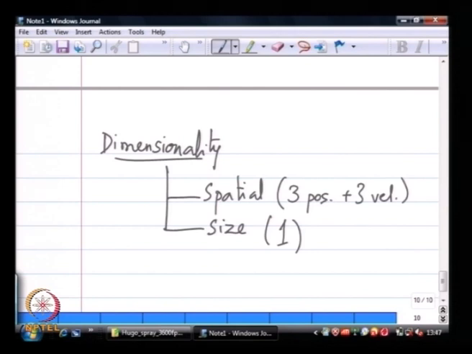Now, let us say I switch hats and I want to talk about jet A fuel. It is a gas turbine aircraft spray where I am spraying jet A fuel. Jet A is not a single component fuel, it is a multi component fuel.